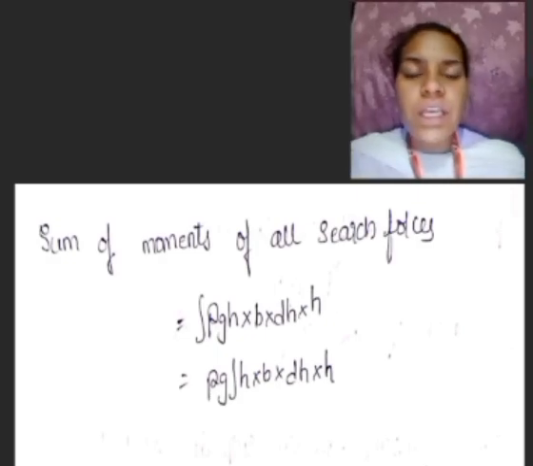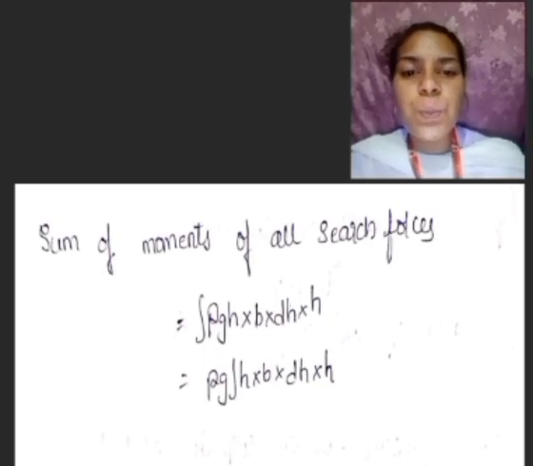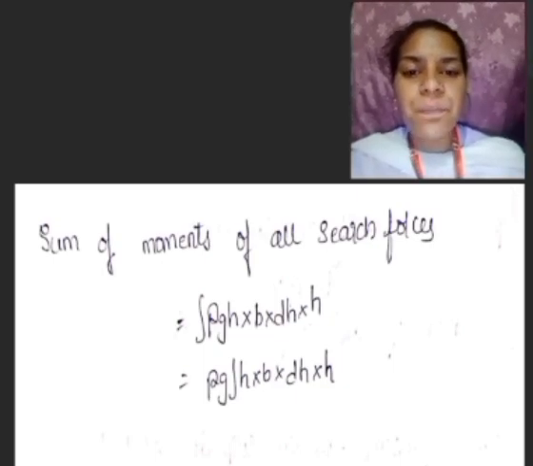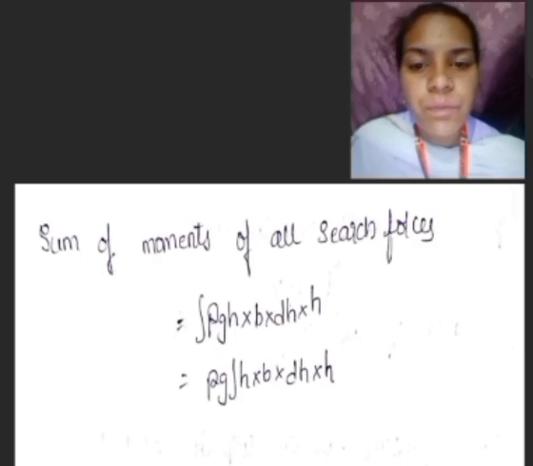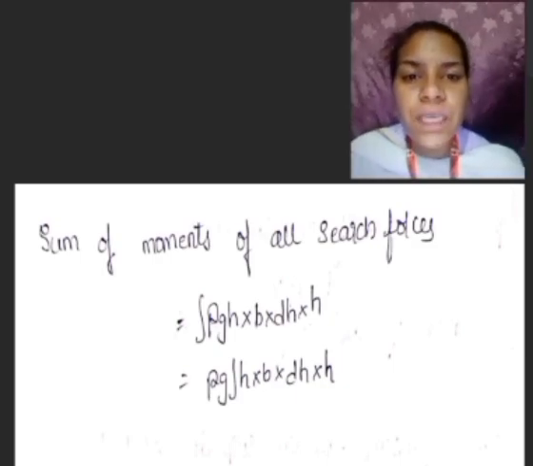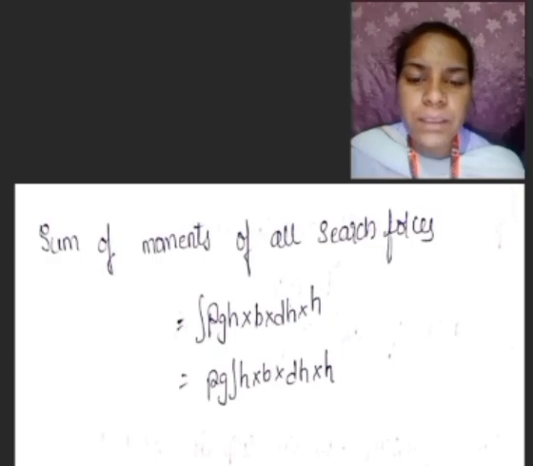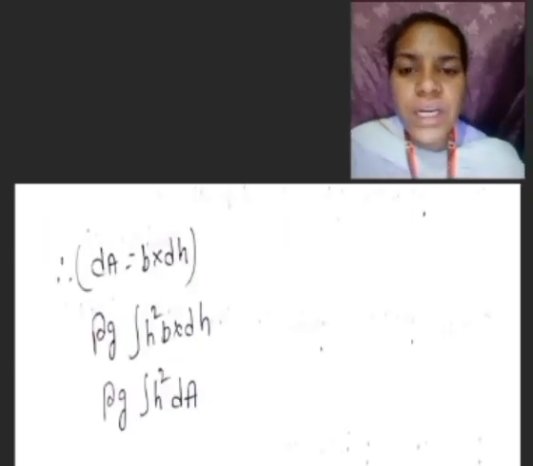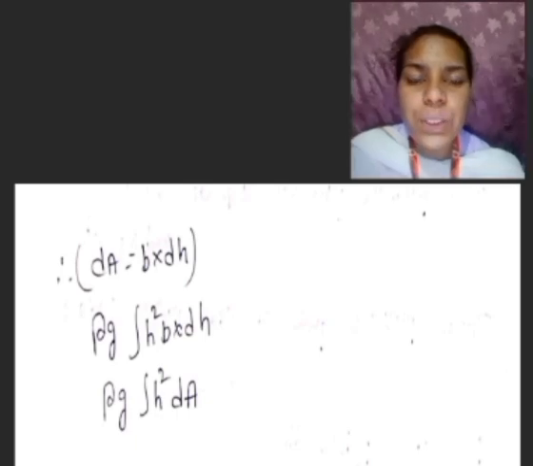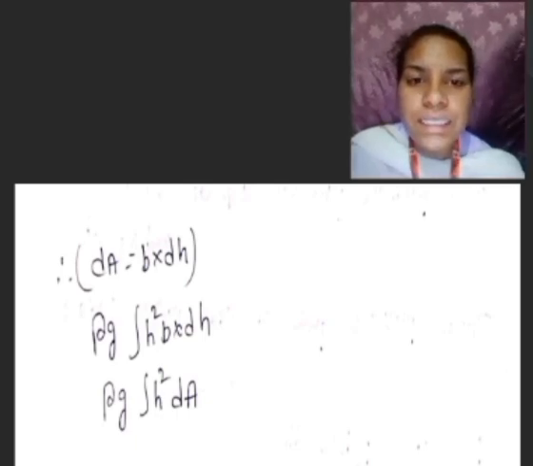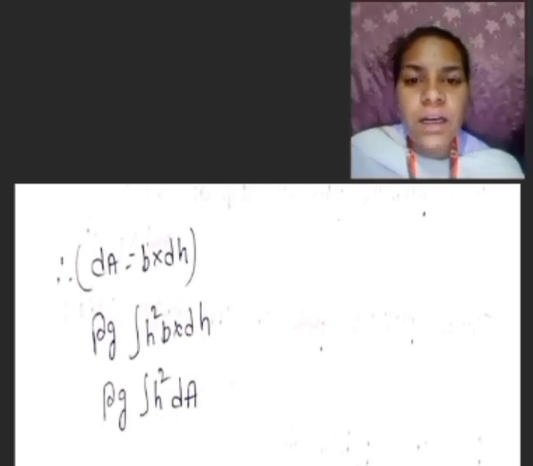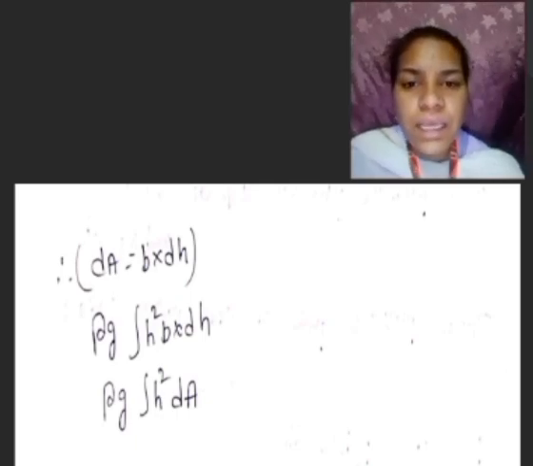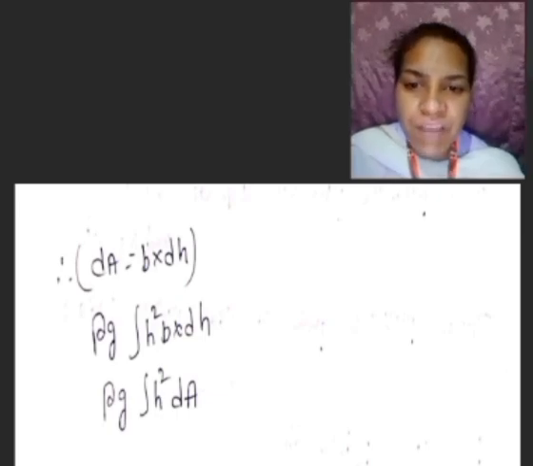After integrating, integral rho ZH into B into dH into H. For the above equation, rho Z is constant, so integral H into B into dH into H. We know dA is equal to B into dH, so in that place we substitute the dA value.